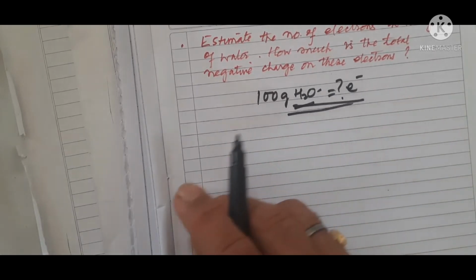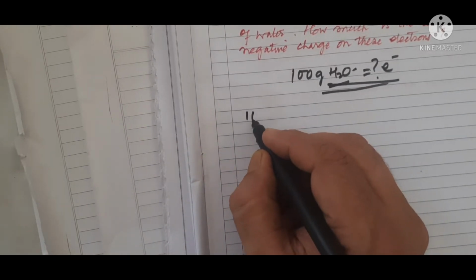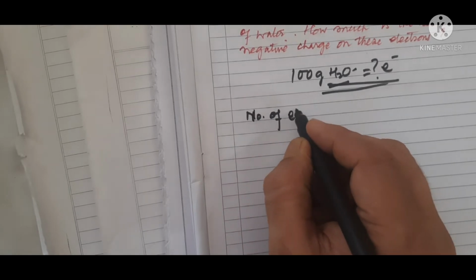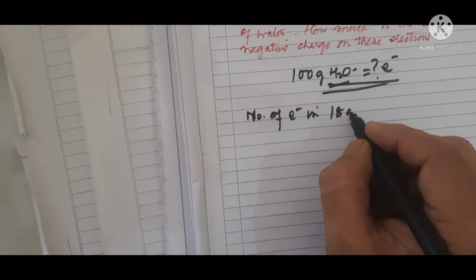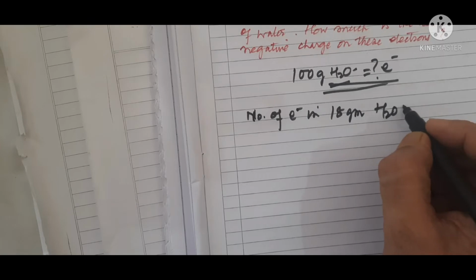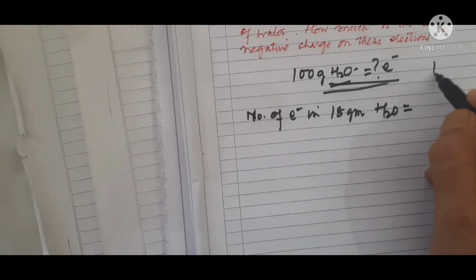That we have to find out. तो कैसे निकालेंगे? Number of electrons in 18 ग्राम. How it comes? 18 ग्राम ऑफ वाटर कितना होता है?